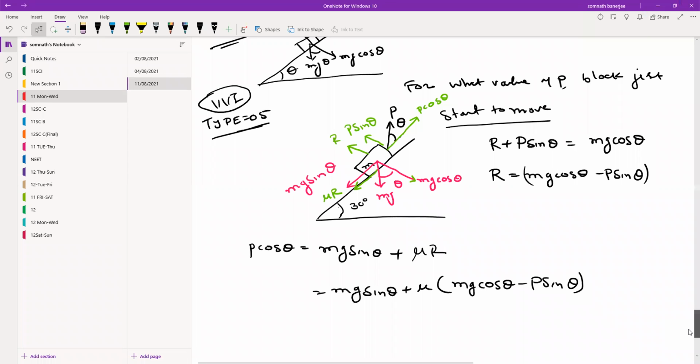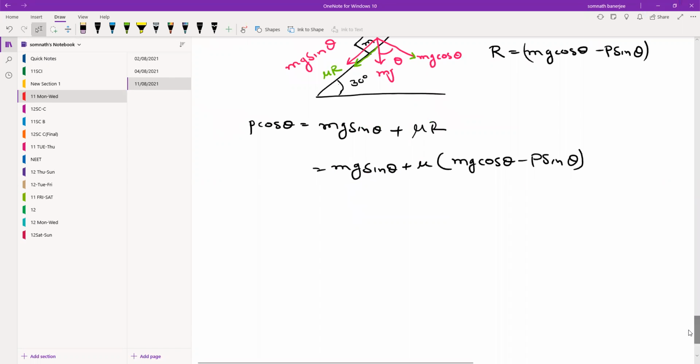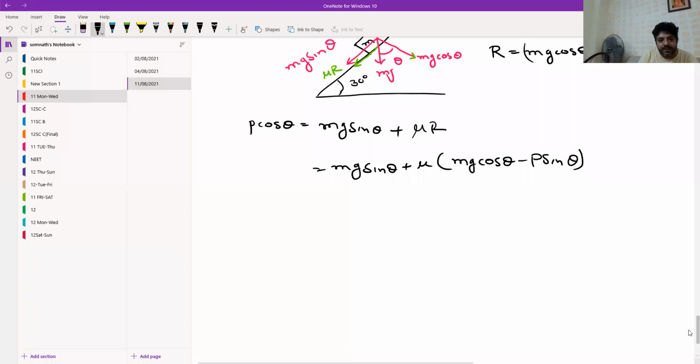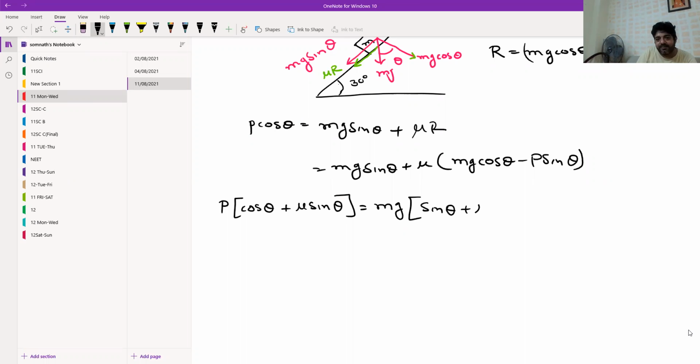Yes, sir. Now I can arrange it because I need P. So P cos theta, and here you have mu and minus P sine theta. If you move it to that side, minus becomes plus, so plus mu P sine theta. How much remains here? mg, if you take common, sine theta plus mu cos theta. Yes or no?